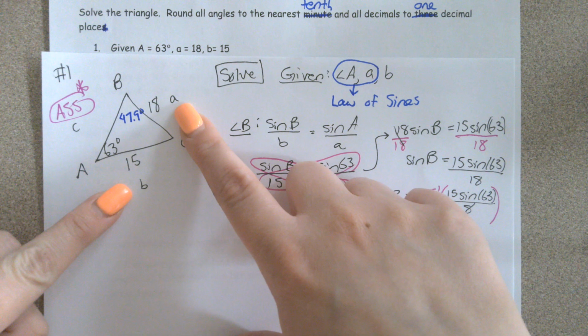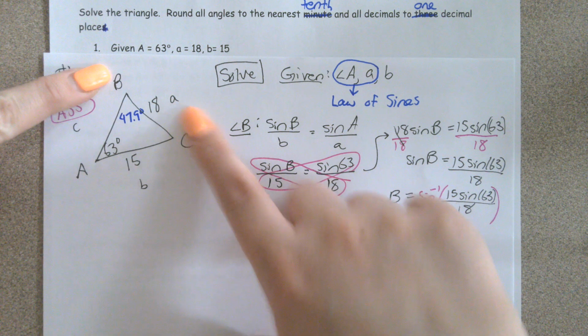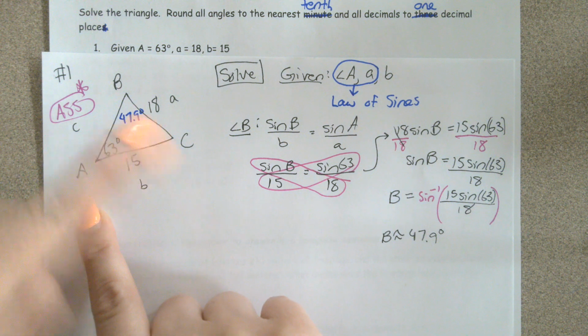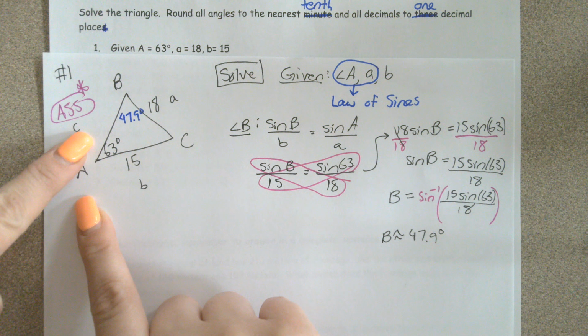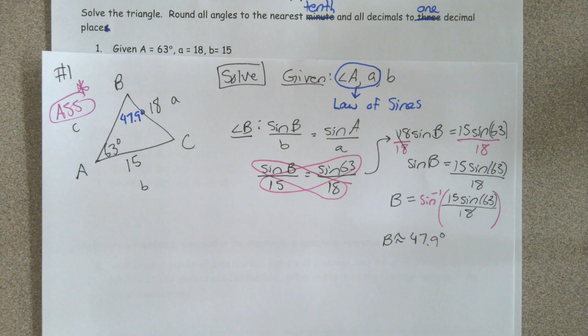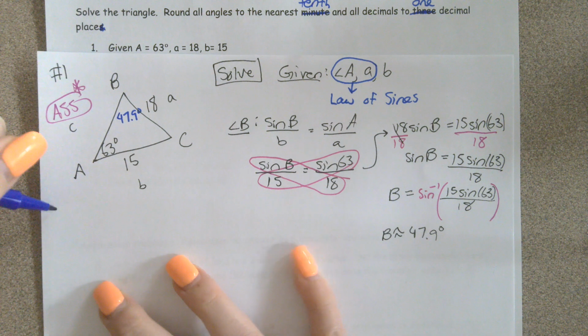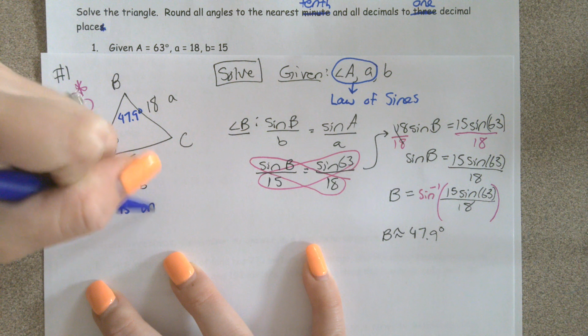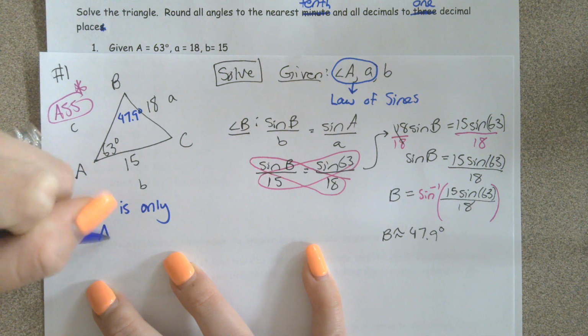Since side b is smaller than side a, angle B must be smaller than angle A. So if we go explore another triangle where B is obtuse, it's clearly going to be bigger than A, and that's not going to work. So just going through that thought process I just went through with you, that's enough reason for me to know there is only one triangle.